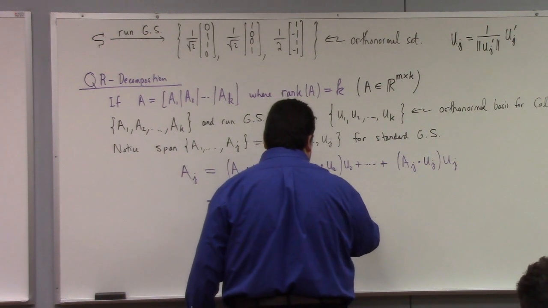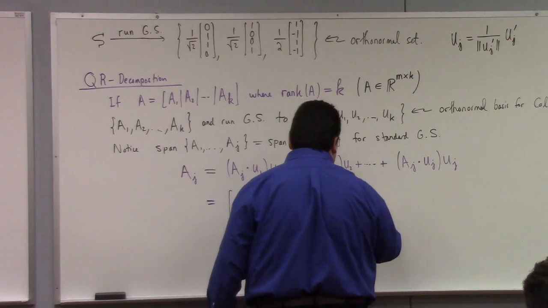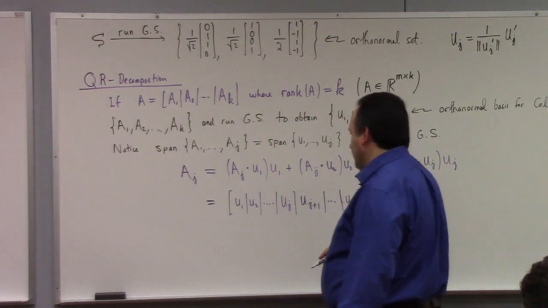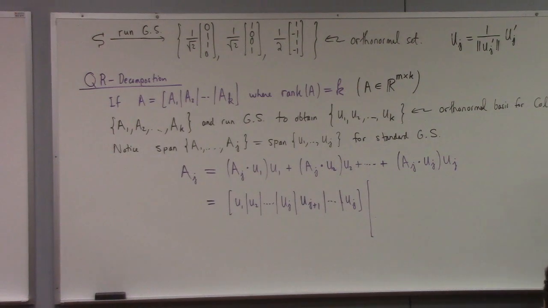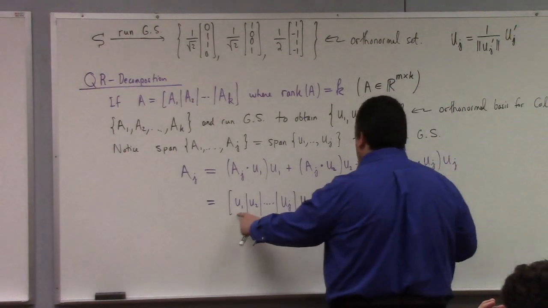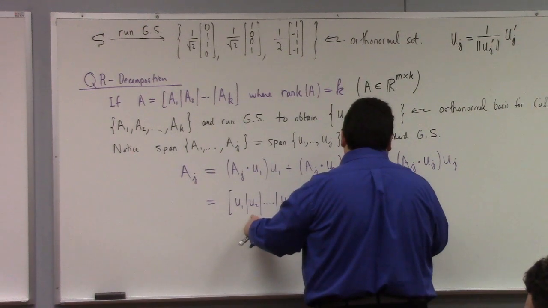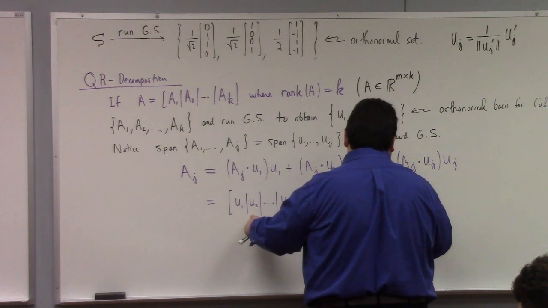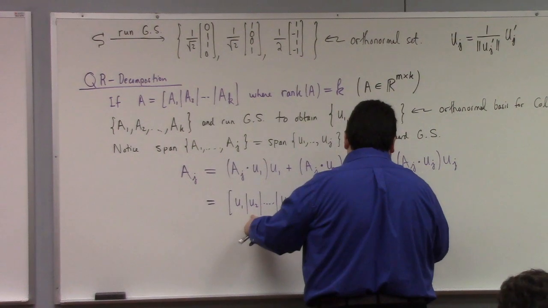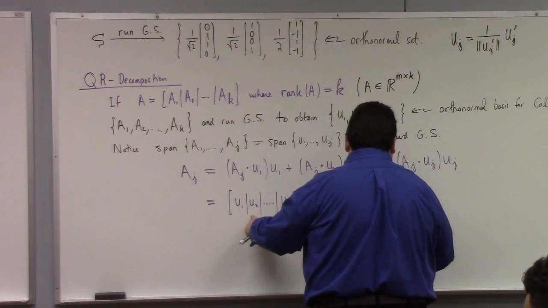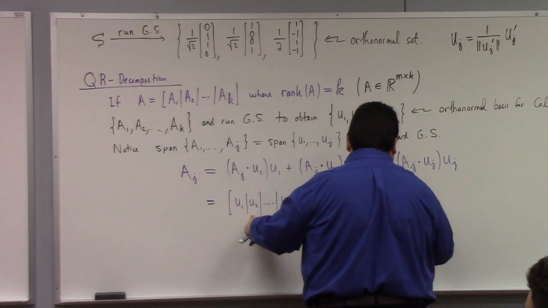How many do we got? U sub k. So how many u1s do we want? We want A sub j dot u1 of those. We want A sub j dot u2 of those, and so forth and so on, until we get to A sub j dot uj, and then we got zeros down here.